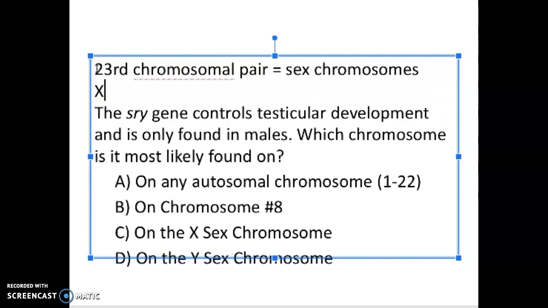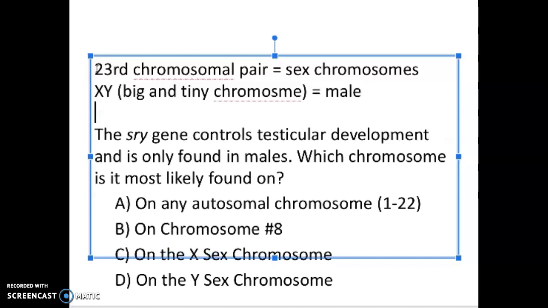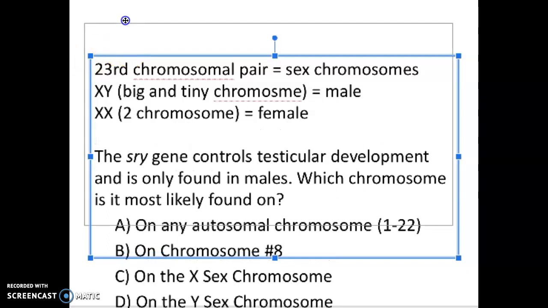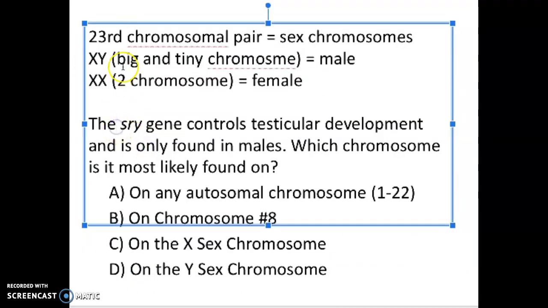So if you have an X and a Y, so a big and a small chromosome, then that's going to represent a male. And if you have two chromosomes that are of similar height, not necessarily tiny, then that's going to represent a female. So with that information, I want you guys to try this question right here, okay?